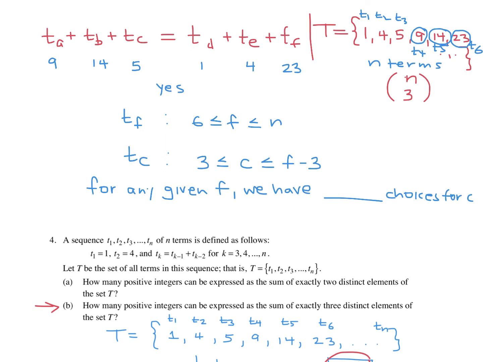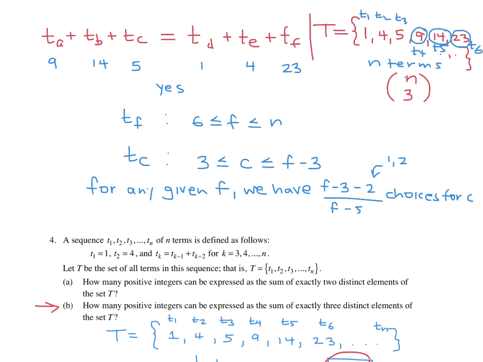How many numbers are there from 3 to F minus 3 inclusive? Well, the only numbers we don't have are 1 and 2. So basically, it's F minus 3 minus 2, meaning this represents the 1 and the 2. We can't have T1 and T2. We start with T3. So F minus 3 minus 2 is F minus 5.